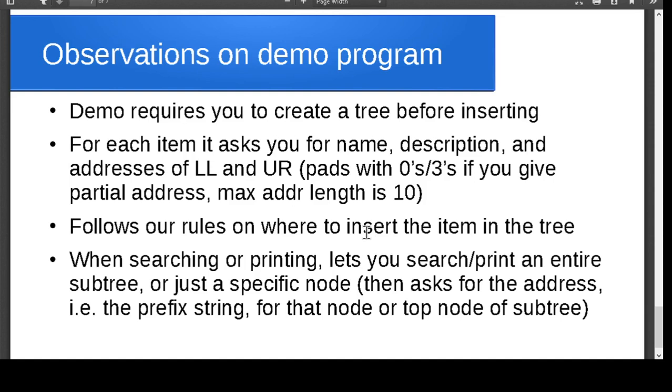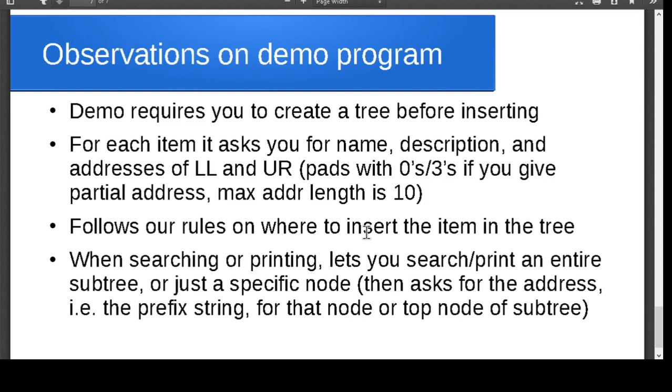And then later on, when you decide that you want to search the tree and find an item in it, or when you try to print the tree, it'll give you the option: do you want to print just the stuff that's in one specific node of the tree? Or do you want to search just that one node's list? Or do you want to search that node and its entire subtree, all of its children as well?